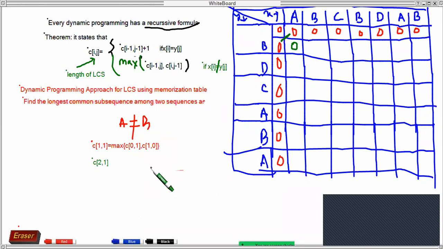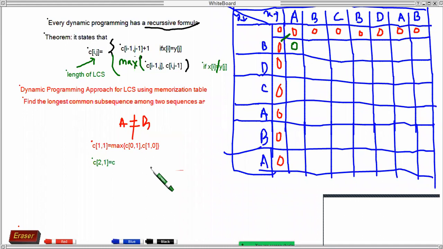It is matching, BB same. So how do you find it? It is a recursive algorithm. You just see what we are telling. So it will be C of i minus 1, so 2 minus 1, 1, and j minus 1, 0. So it will be C of 1,0, plus 1.